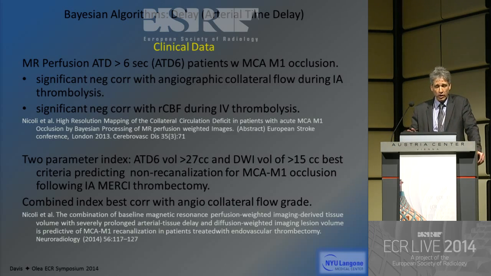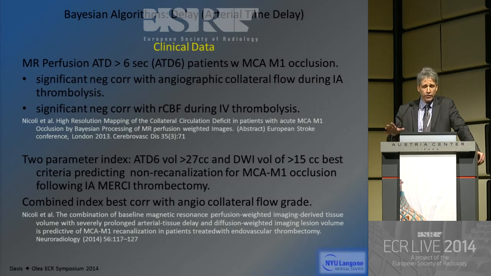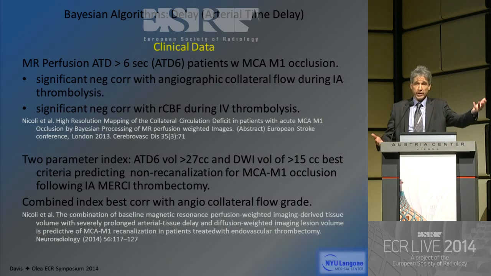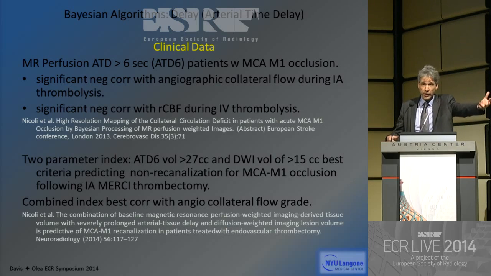One abstract indicated that arterial tissue delay greater than 6 seconds in patients with MCA M1 occlusions has a significant correlation with the angiographic collateral flow. These are patients who had angiograms during intraarterial thrombolysis. They looked at the ATD, and a longer ATD had worse collateral circulation. In these same patients who had intravenous thrombolysis, those who had poor CBF also had a longer arterial tissue delay.